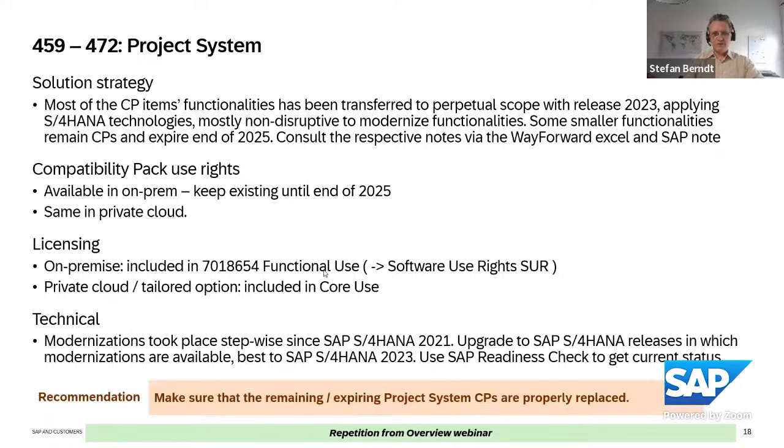That means for this topic, if you're already on S/4HANA, you should check which of the functionalities you are using. If you're on release 23, you're more or less done with most of the stuff. If you have older releases, then you need to carefully check what you're using and consider an upgrade in time to be able to continue using these functionalities.